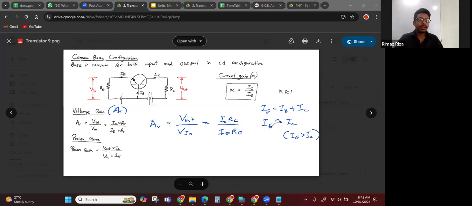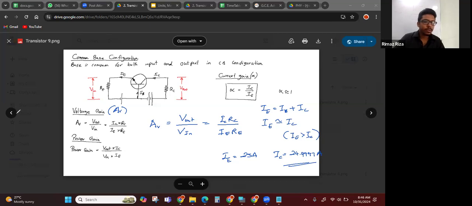Now, for example, IE can be, let's say, 25 ampere. I'm just saying this is not the exact values, but just to give the idea of comparison. Then IC is something like 24.9997 amp, because IB is in the microampere range.